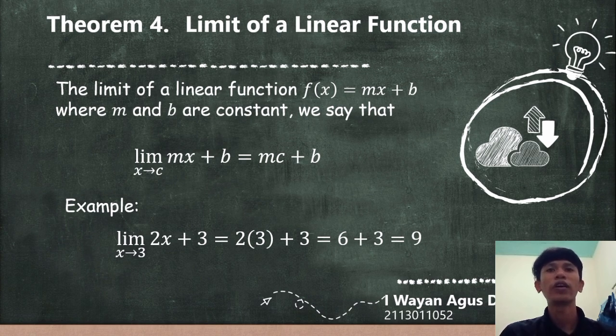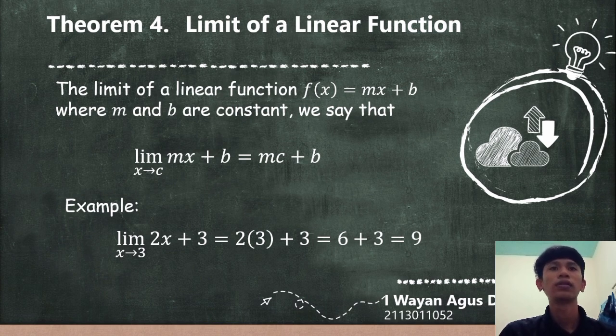So, we have here the constant 2 times the value of c, which is the limit of x as x approaches c, so times 3, plus the limit of the constant itself, so plus 3. 2 times 3 equals 6, plus 3 equals 9.